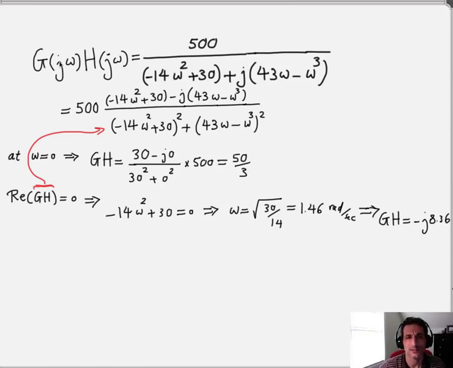All right, so again, this is the same transfer function, G(jω)H(jω). Now you see a complex number in the denominator.